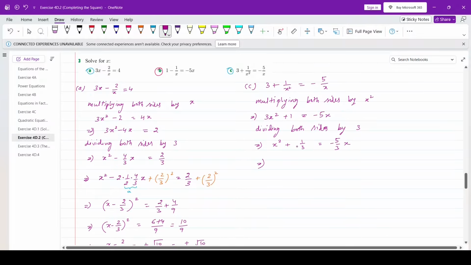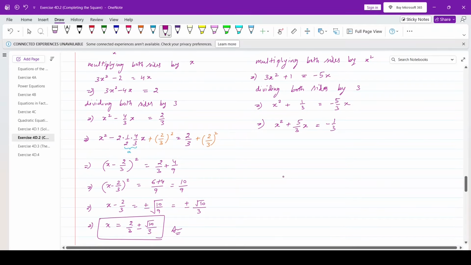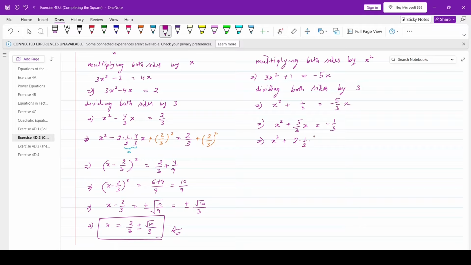And taking the variable part on one side, x square plus 5 by 3 x is equal to negative 1 by 3. Now we can manipulate this equation by writing x square plus 2 times 1 by 2 times 5 by 3 times x, and it is equal to negative 1 by 3.